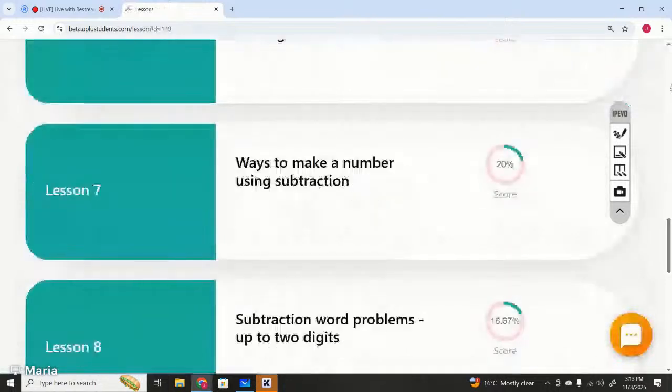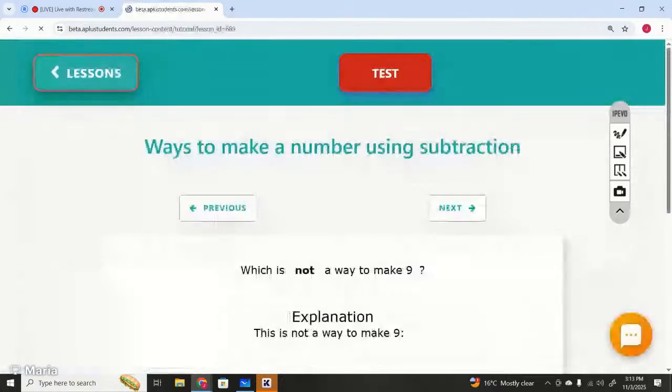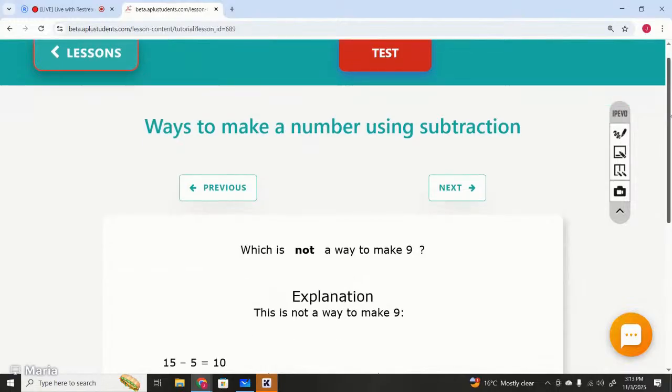The next lesson is ways to make a number using subtraction. Which is not a way to make 9?